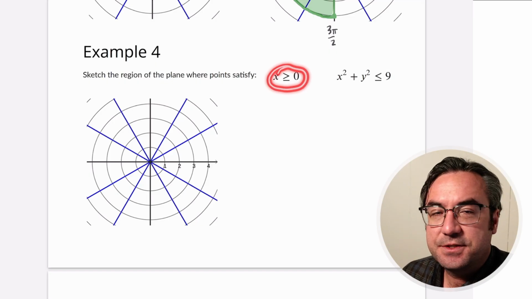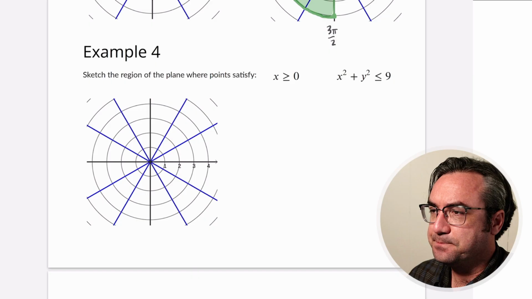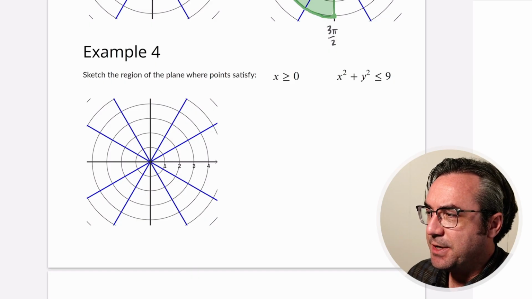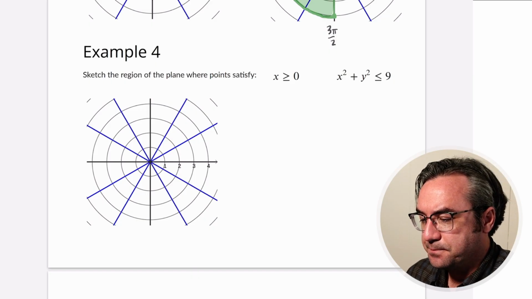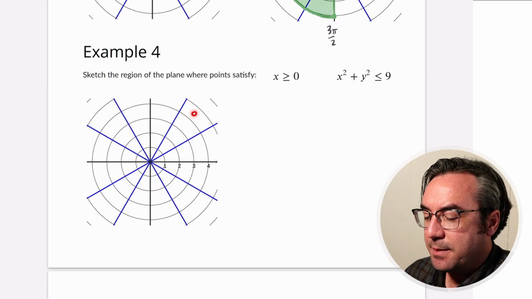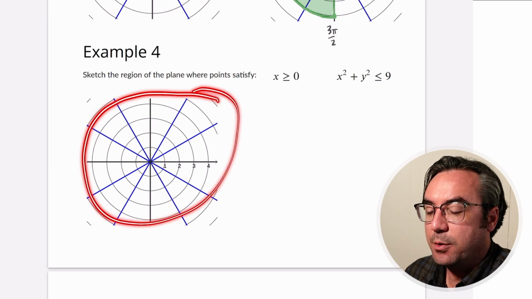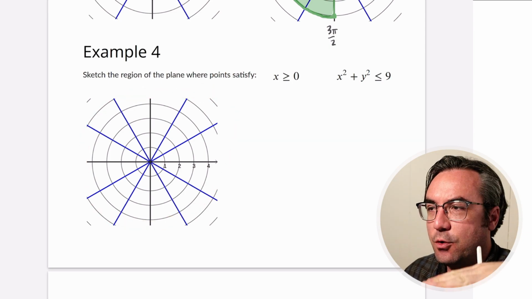First, let's look at this inequality that x has to be greater than or equal to 0. Well, let's pick a point. And remember, when we're picking a point, we want to think of the polar grid as kind of an overlay.